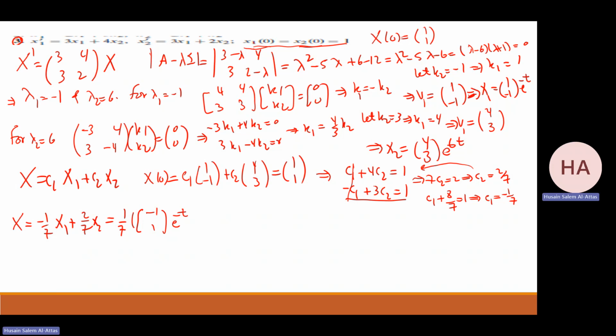This is 2 times, so we have plus 8, 6, 1 over 7, minus e to the minus t plus 8 e to the 6t, and e to the minus t plus 6 e to the 6t. In other words, I have x1, small x1, that will be 1 over 7.